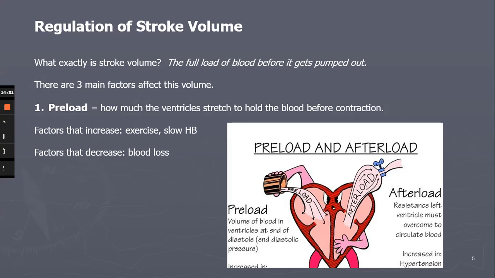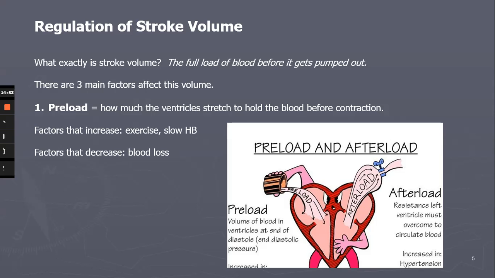In a regular heartbeat, the lub-dubs, lub-dub, lub-dub. Let's slow it down a bit. Lub-dub, lub-dub. We've slowed down that heartbeat.